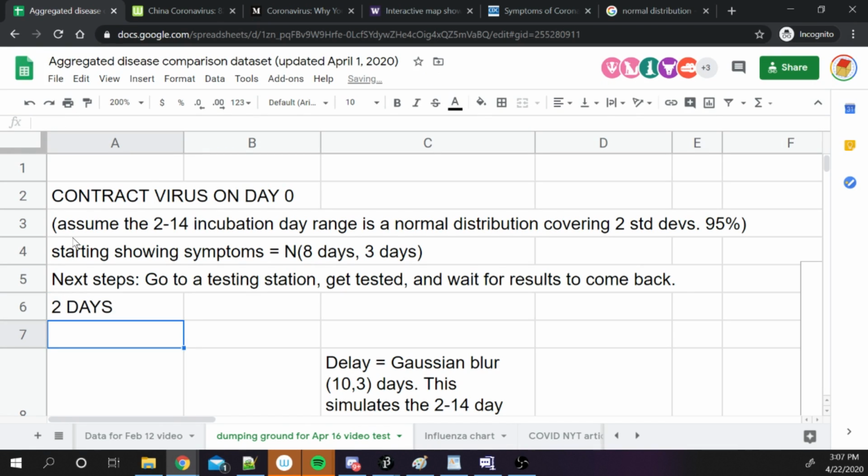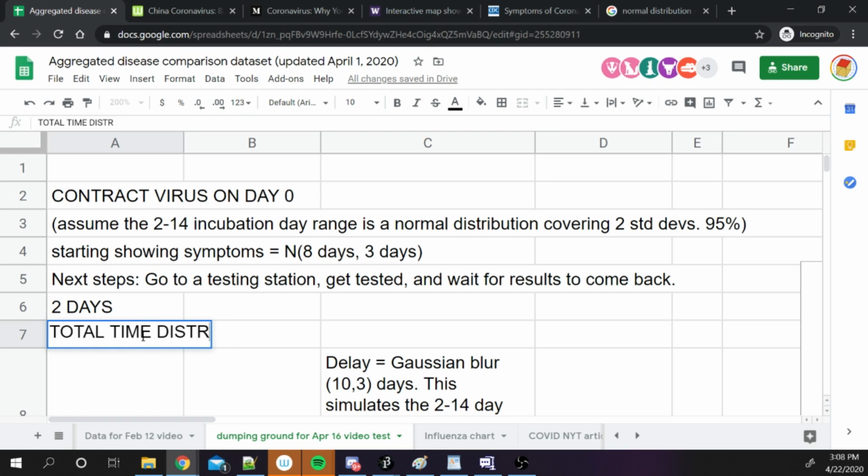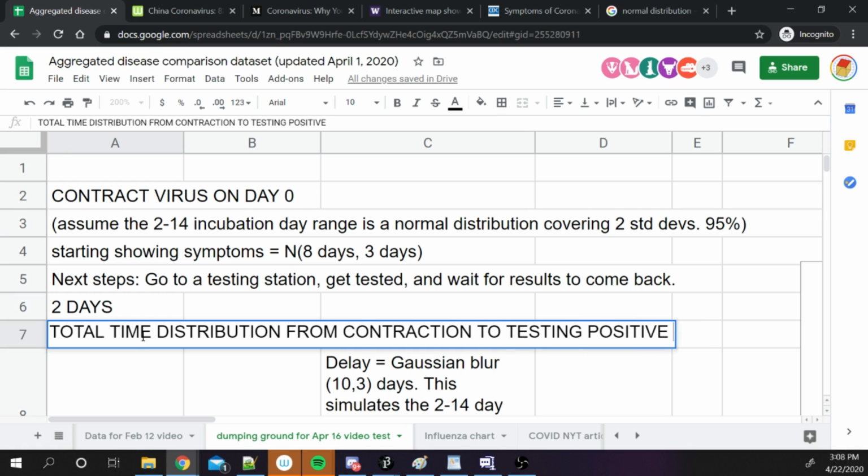Now, you might be like, wow, that's way too fast. But considering that this estimation may have been too slow, if we add these two together, then maybe they'll cancel out. And overall, the total time distribution from contraction to testing positive equals N with a mean of 10 and a standard deviation of 3.